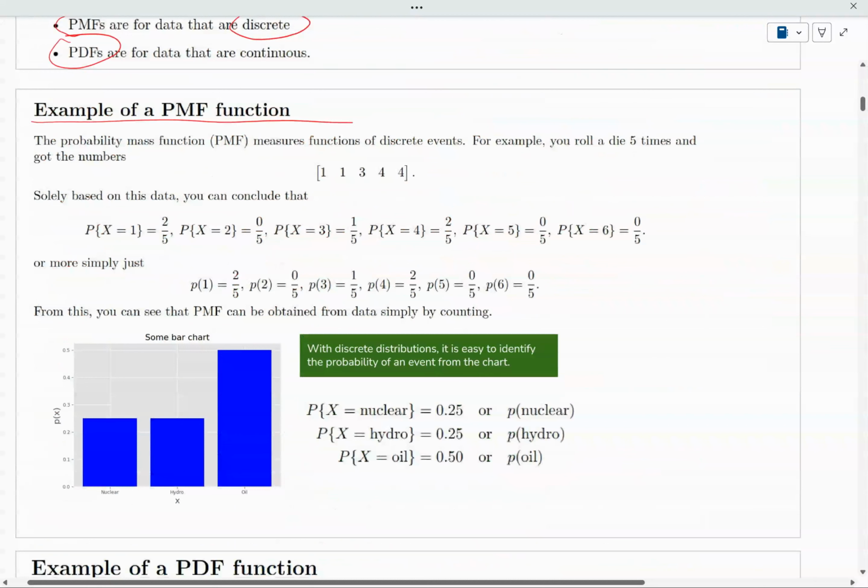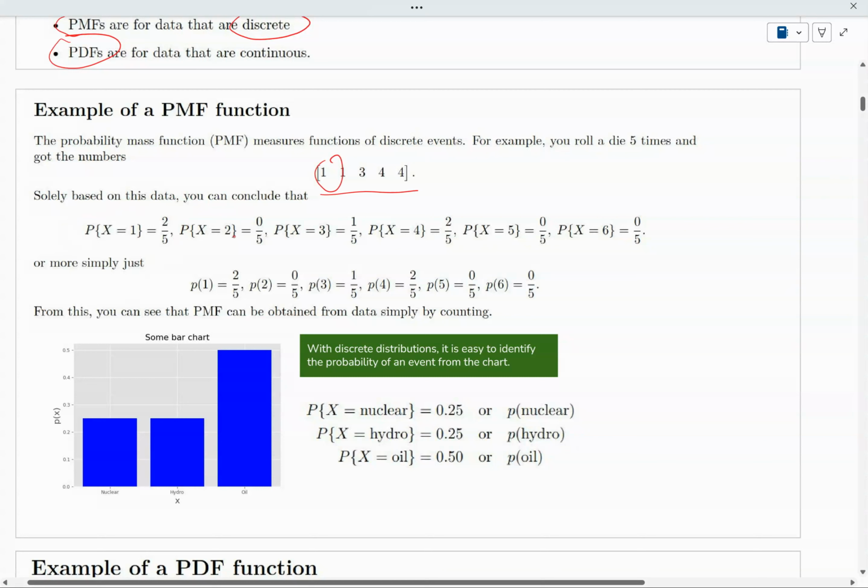Let's say we have a die, and we roll the die 5 times, and we got these results: 1, 1, 3, 4, 4. Okay, so based on this data, we can say that according to the data, the probability you will get a one would be 2 out of 5, right? Two out of 5.